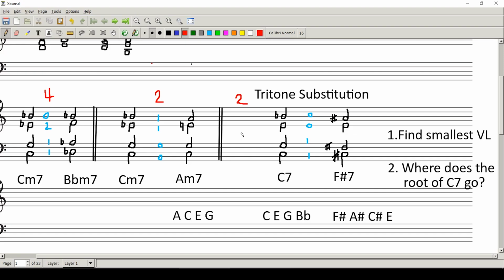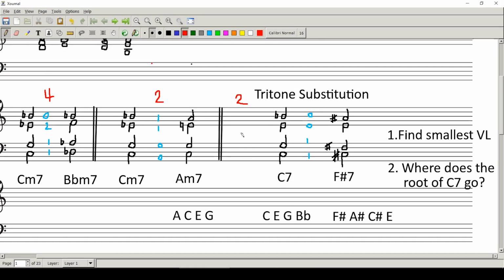So you're totally right about that. And there is kind of a deeper connection there. I have a whole lecture planned for seventh chords where we'll see that those are actually really deeply related in some way. This is more or less where I want to leave our discussion of seventh chords for today.